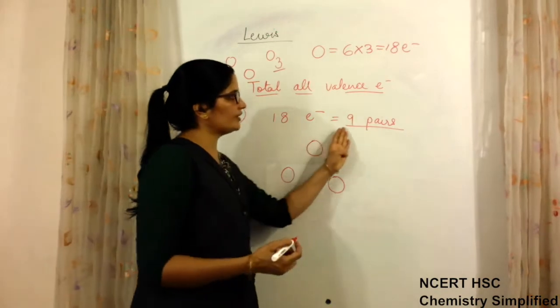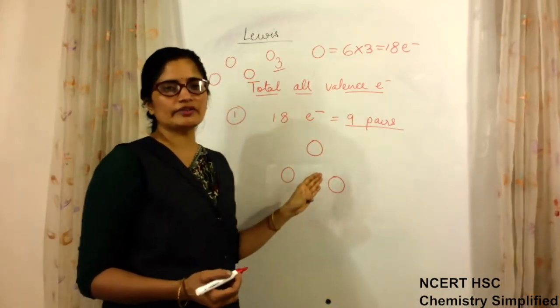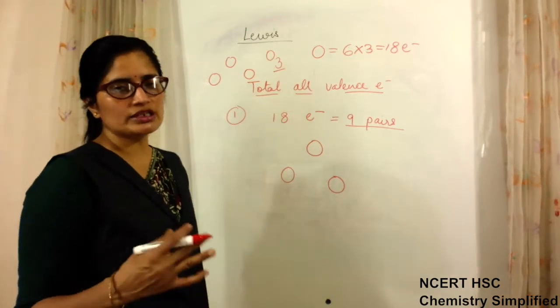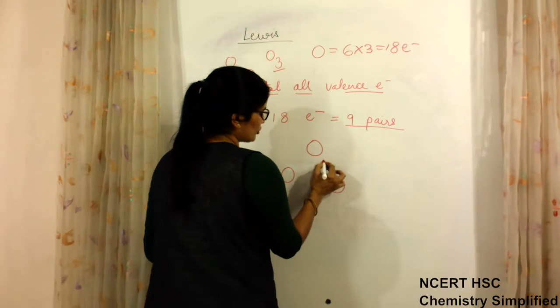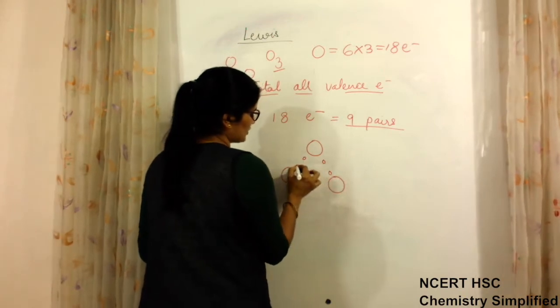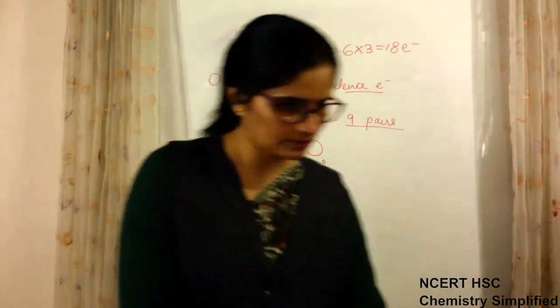Why have we converted them into pairs? Because whenever a bond is made between two atoms, it will always be in a pair. So the very first thing we have to do is distribute pairs between atoms to make single bonds.